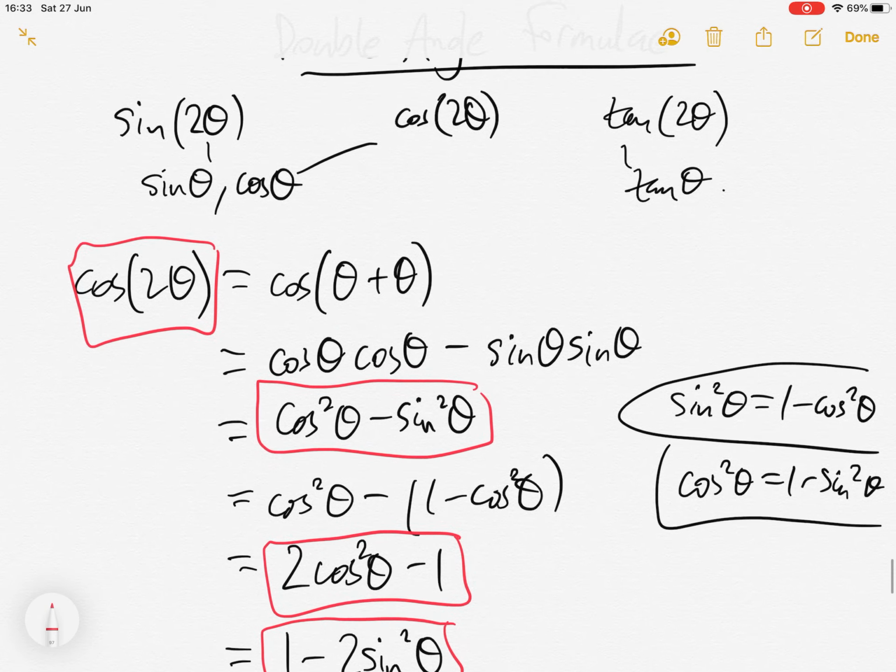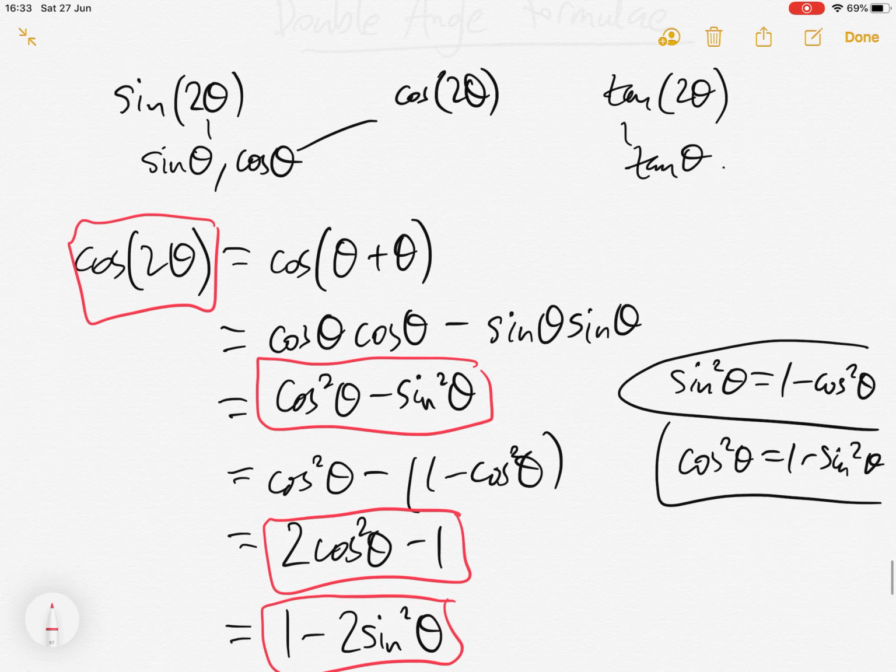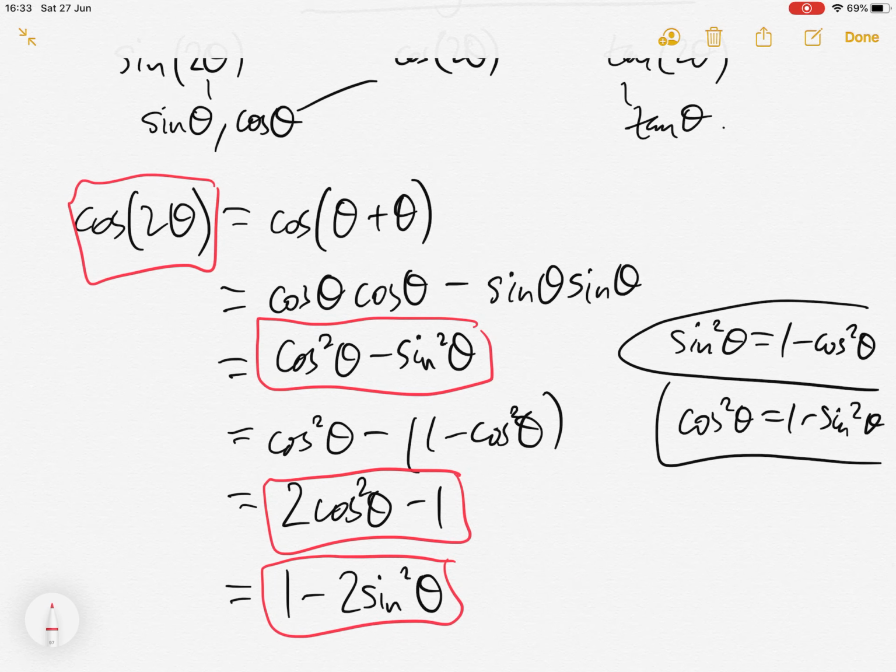The double angle formulas, none of them are in the formula book. But you can work them out by using the cos A plus B, sine A plus B, tan A plus B formulas, which are in the formula book, and just letting A equal B. But these 3 formulas for cos 2 theta are important.